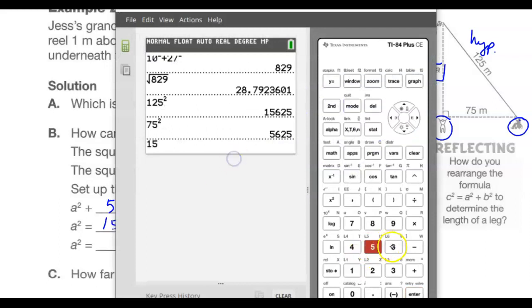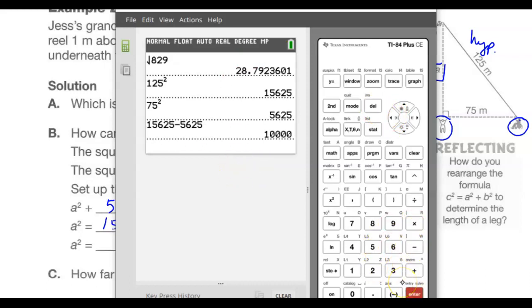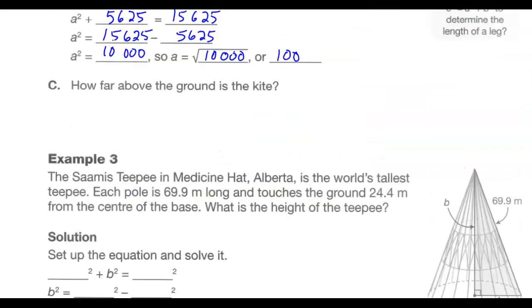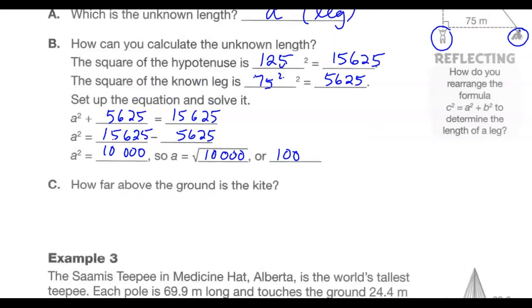So 15,625 minus 5,625 is 10,000. So the root of 10,000. Take a look, it's got 4 zeros, so it's 100. So how far above the ground is the kite?